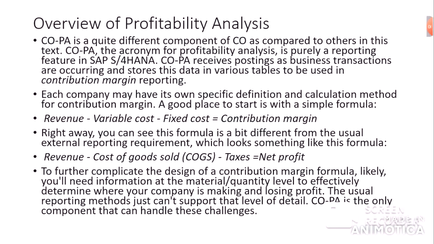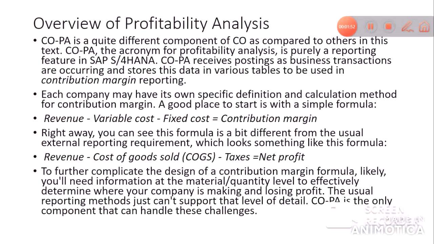A good place to start is with a simple formula. Revenue minus variable cost minus fixed cost equals contribution margin. Right away you can see this formula is a bit different from the usual external reporting requirement, which looks something like this formula: revenue minus cost of goods sold minus taxes equals net profit.